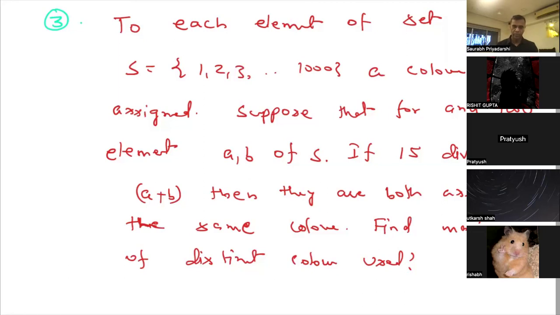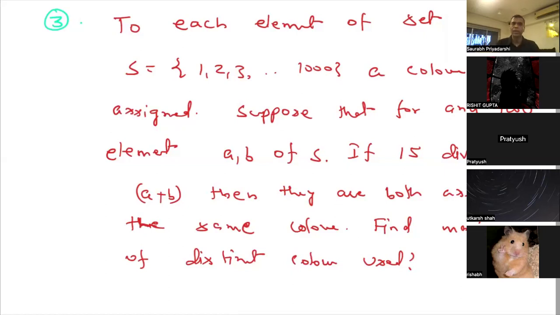We get 8 such pairs: 1 and 14, we add to get 15, which is divisible by 15. Then 2 and 13, 3 and 12, 4 and 11, 5 and 10, 6 and 9, 7 and 8. And another case where it is only 15. In total we get 8 such cases, and every time we choose any one of them, other numbers of the same form get selected. So we need a maximum of 8 colors.